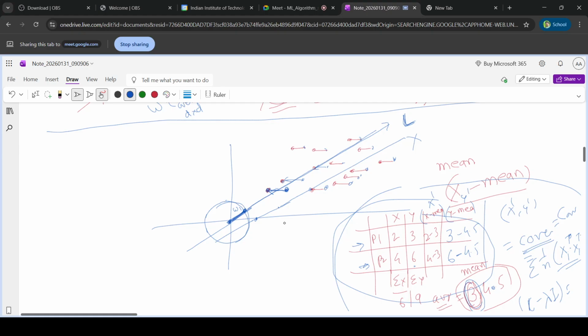Now the next point which we consider is a 3D projection of this data, not 2D. Whatever graphs you are seeing are all 2D graphs, but real-time data is not in 2D. There is not only height and weight, height versus weight.